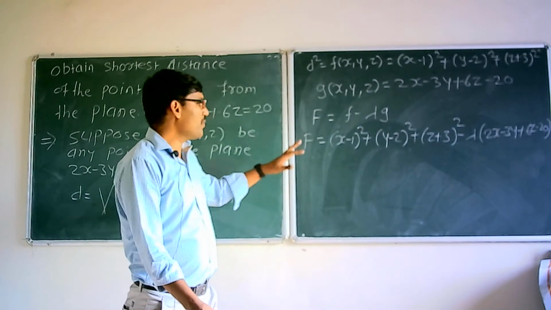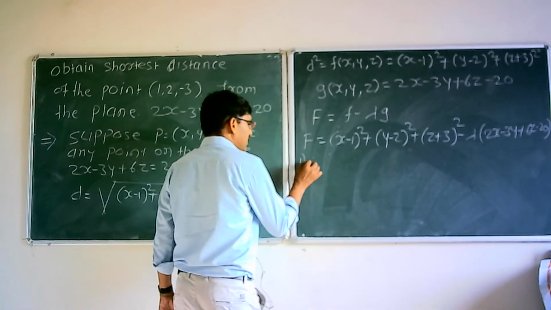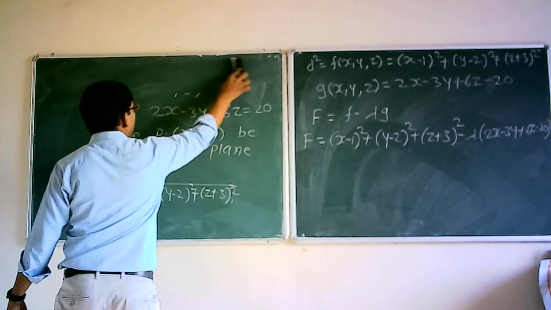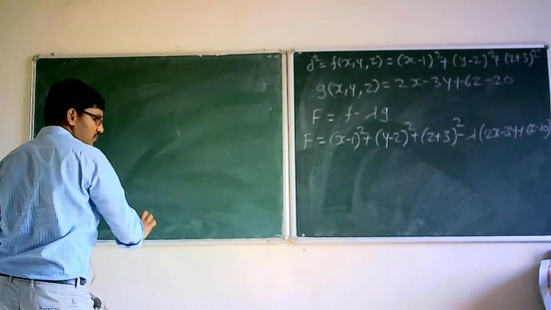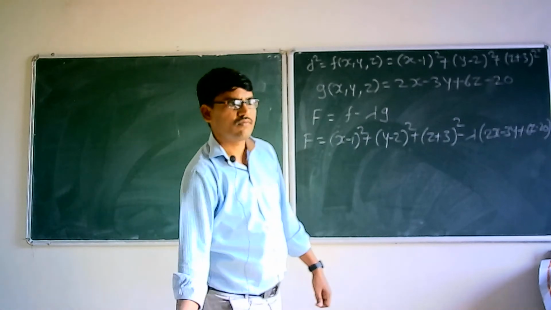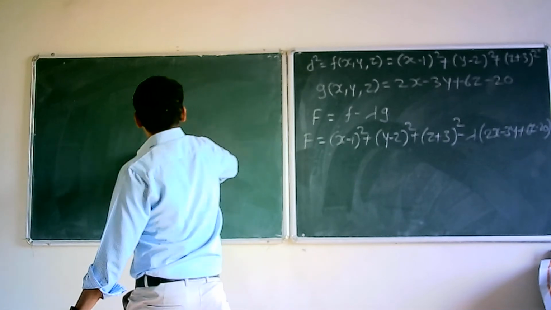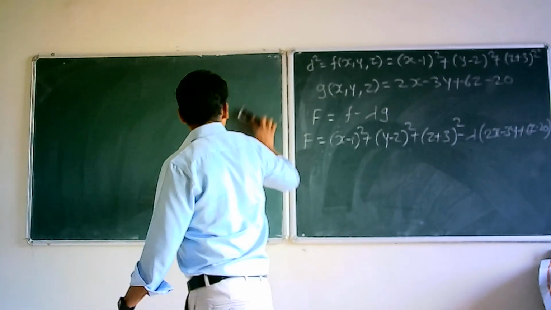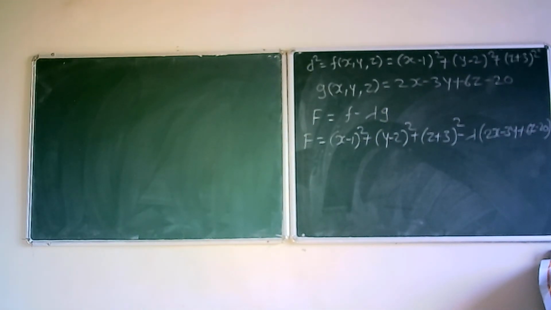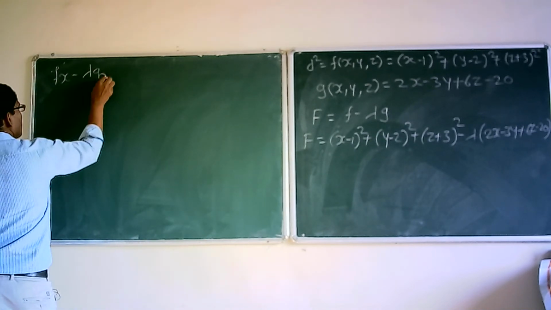Now to determine the value of x, y, z, or the critical point, we have to consider equations. First equation: f of x minus lambda g of x is equal to 0.